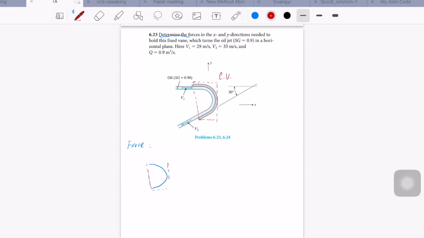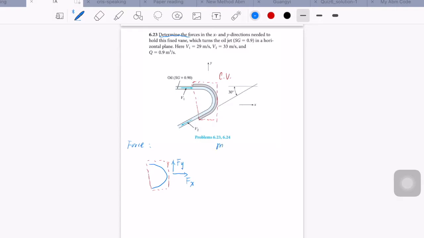CV, and we assume the force in the y-axis, and this is the force in the x-axis. We also need to sketch the momentum diagram.